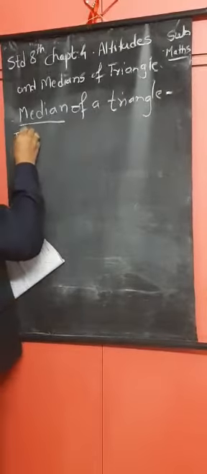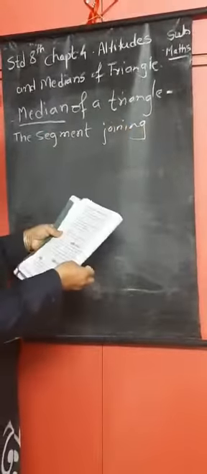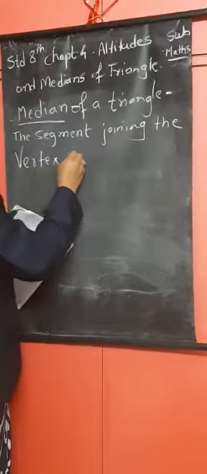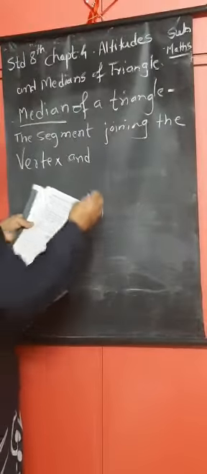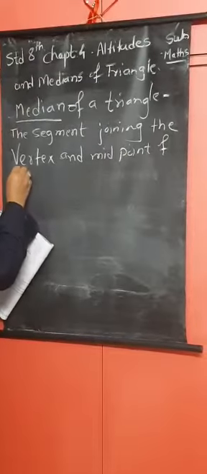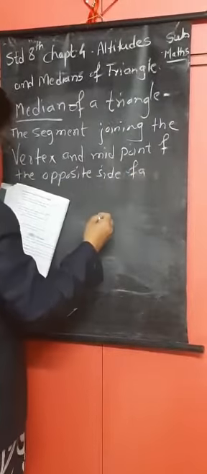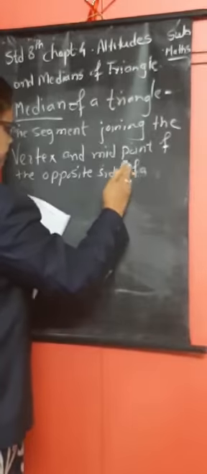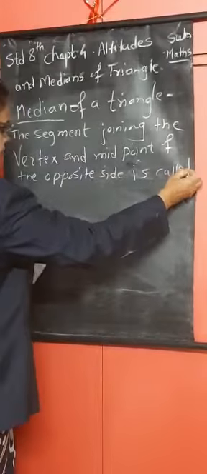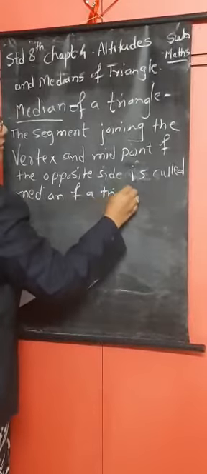The segment joining the vertex and midpoint of the opposite side of a triangle is called the median of a triangle.